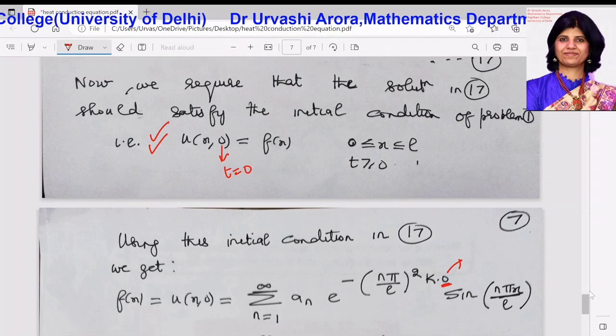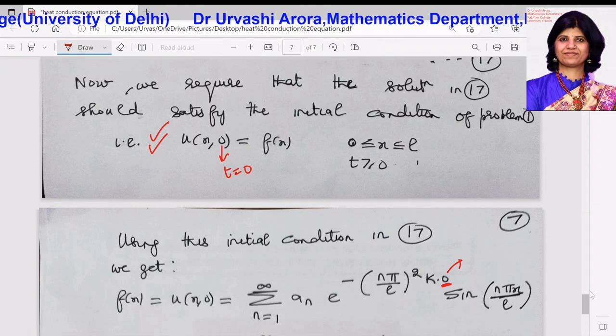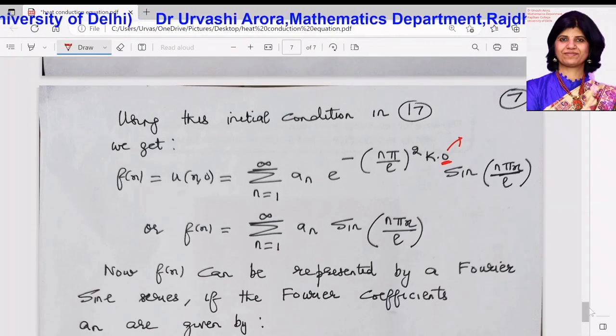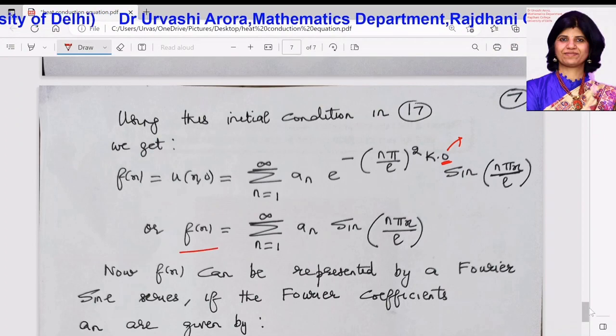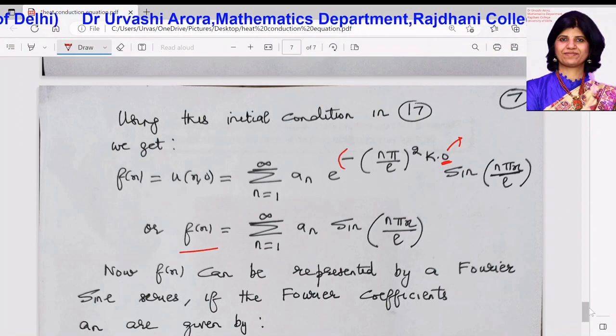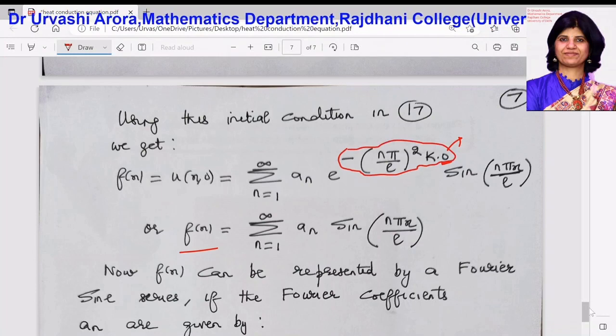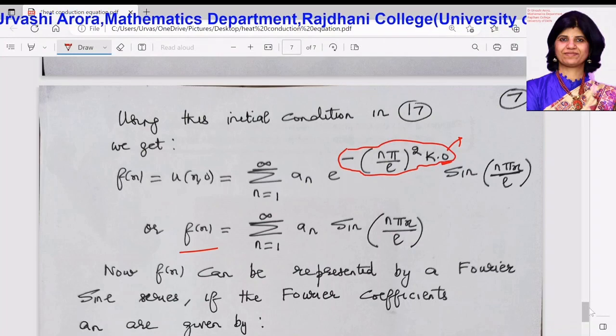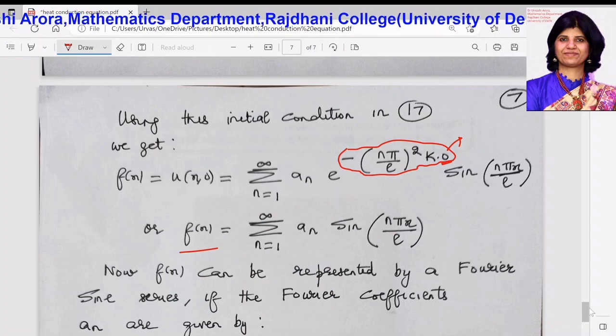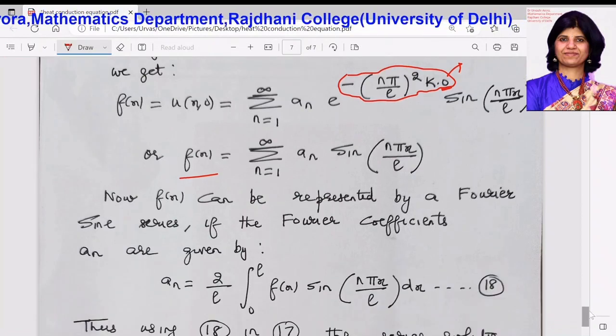This was the expression for t, and in the rest there is no term of t. So f(x) comes out to be e to the power 0, which is 1. So you are left with the summation n varying from 1 to infinity a_n sine(n pi x by L). That is what you have.